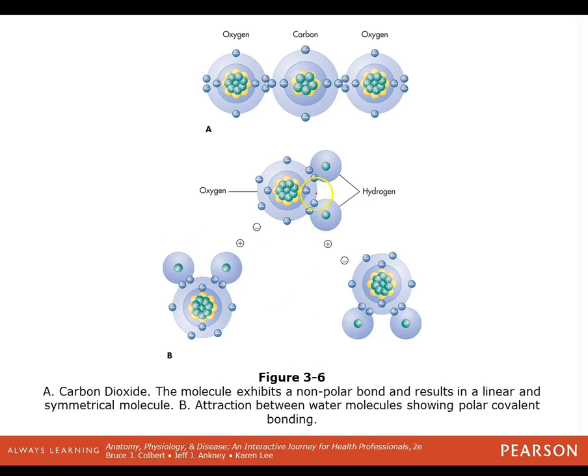So that creates a polarity. The hydrogens are more positive because all their electrons are attached to that oxygen, so the hydrogen positives are out at this end, and because the oxygen has kind of taken charge of those electrons, it gets that negative charge.